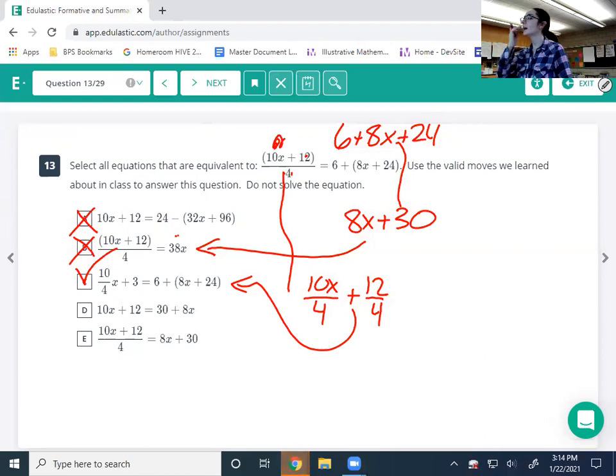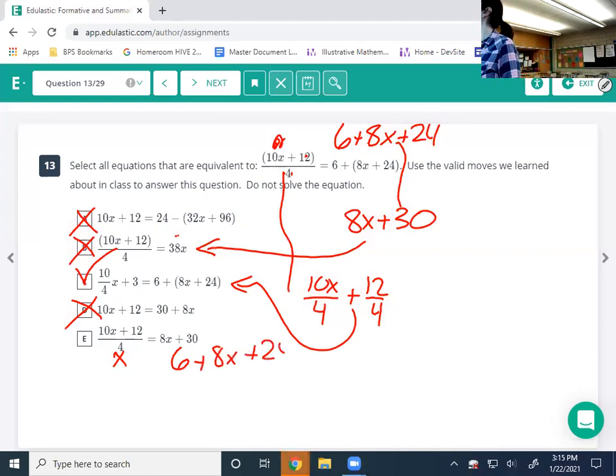Good. Now, if we look at this one here, D, this one we got rid of the division, so we multiplied. If you multiply, it's not going to be canceled. That one is not equivalent. And then this last one, we did nothing to the left side here. We combined our like terms on the right. We have a 6 plus an 8x plus 24.